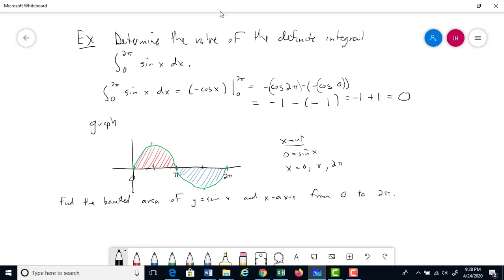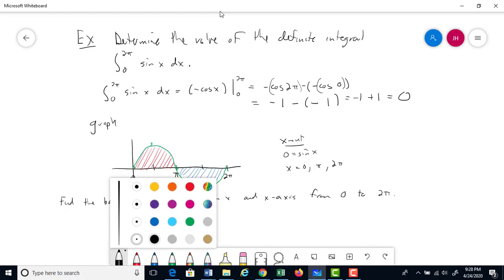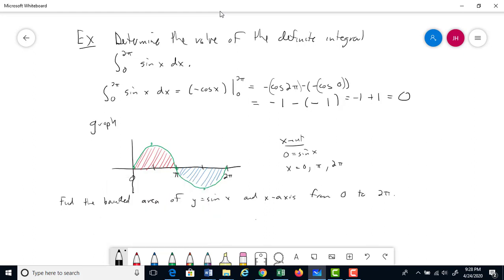So in order to calculate these things, essentially they say you can just take the absolute value of all your pieces. So this bounded area is going to be equal to the absolute value of the integral from 0 to pi of the sine of x dx, and then you add the absolute value of the integral from pi to 2 pi of the sine of x dx.